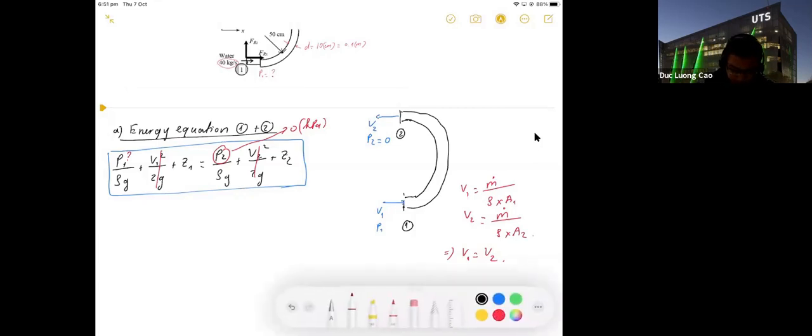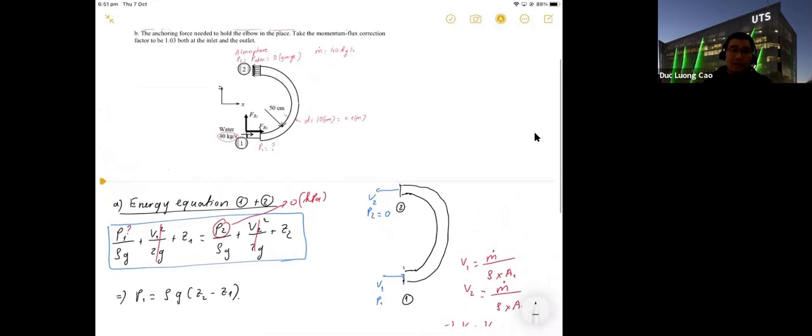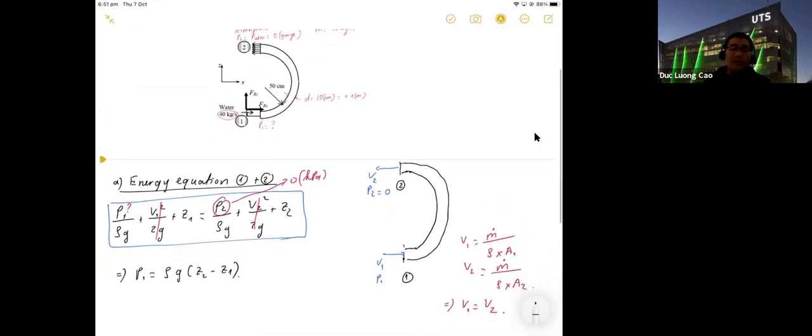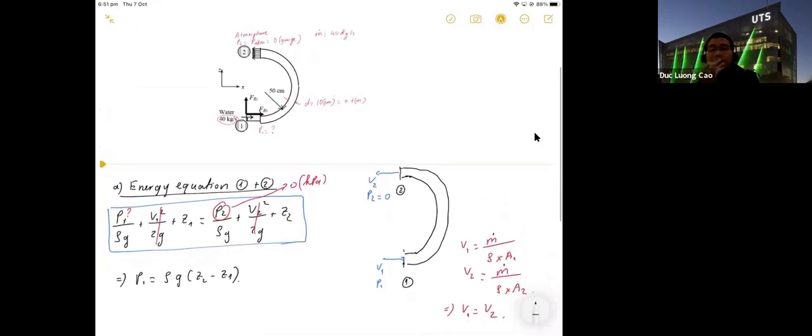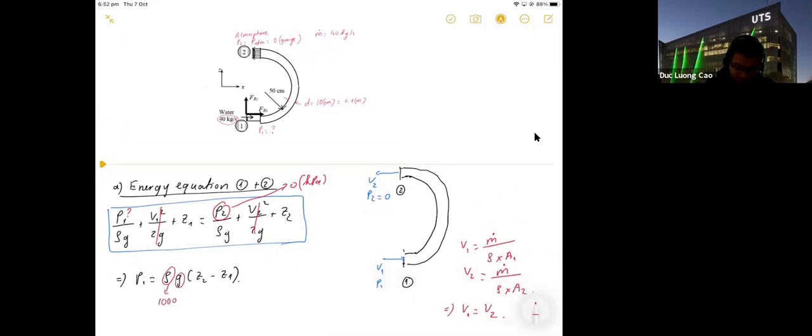This means you will have P1 equal to rho g times (Z2 minus Z1). And how about Z2 minus Z1? Density is 1000. Gravity is 9.81.